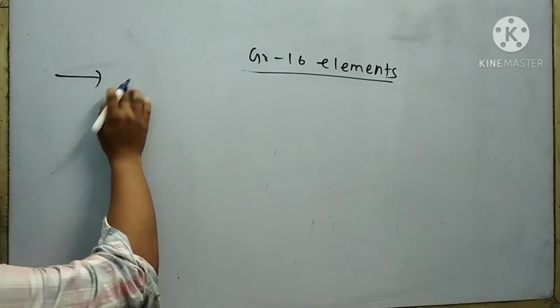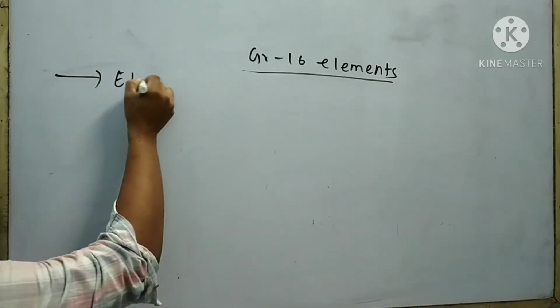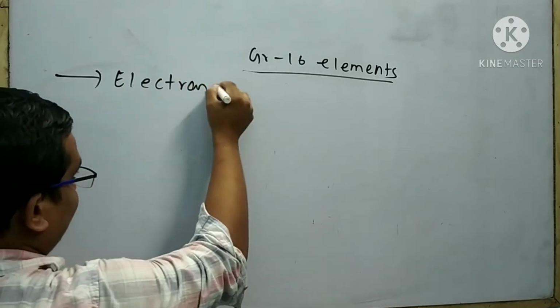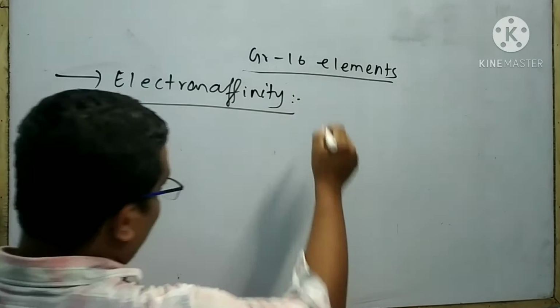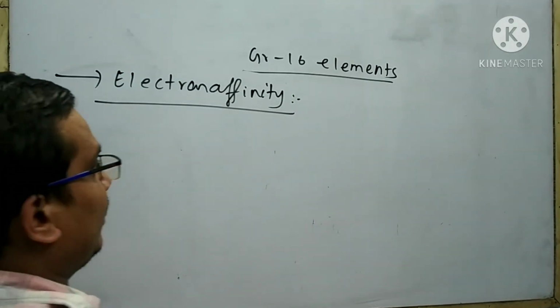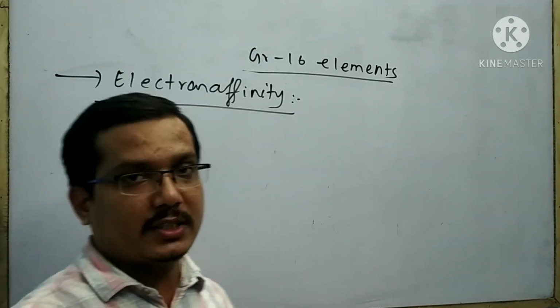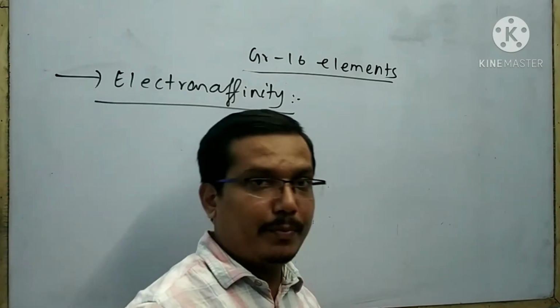Next physical property is electron affinity. The electron affinity of group 16 elements is higher than the corresponding elements of group 15.